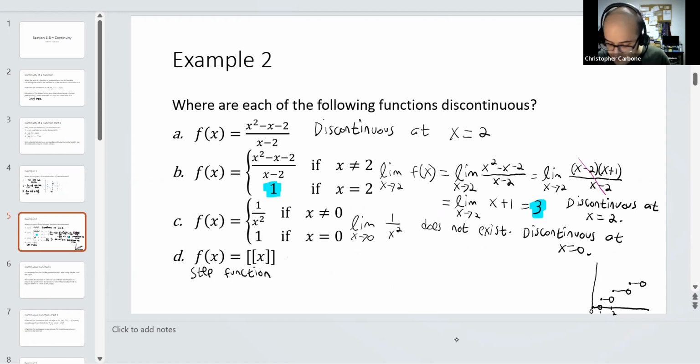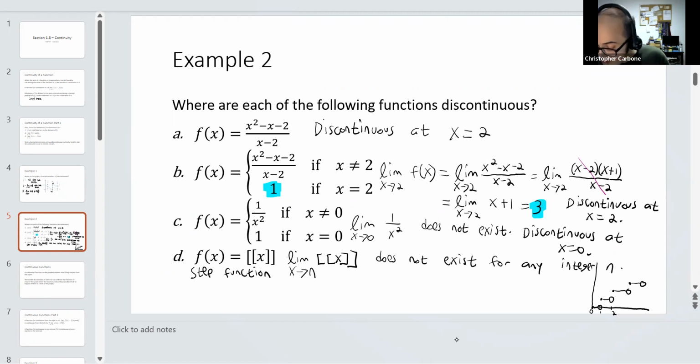So this limit, as x approaches any integer of our step function, which is basically an x enclosed in double brackets, does not exist, for any integer n. So because of this, this is discontinuous at all integers.